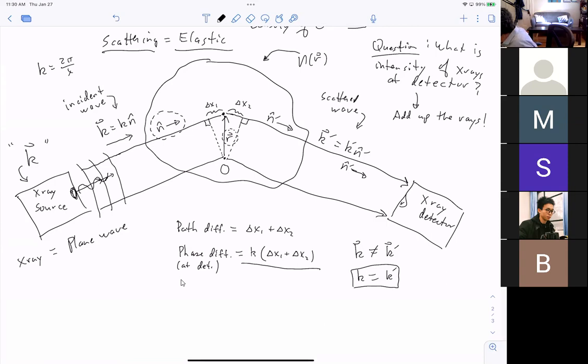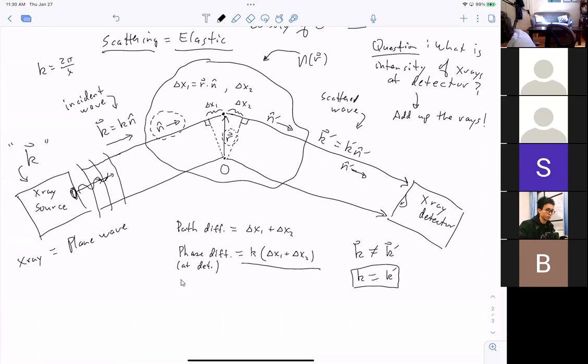Using r and n, what is delta x1? Can you do the geometry in your head? Look at this picture I drew. I have delta x1, I have r and n. What is delta x1 equal to in terms of r and n? It's r dot product with n. That's exactly right, and you can just see it by looking at it, by the construction.